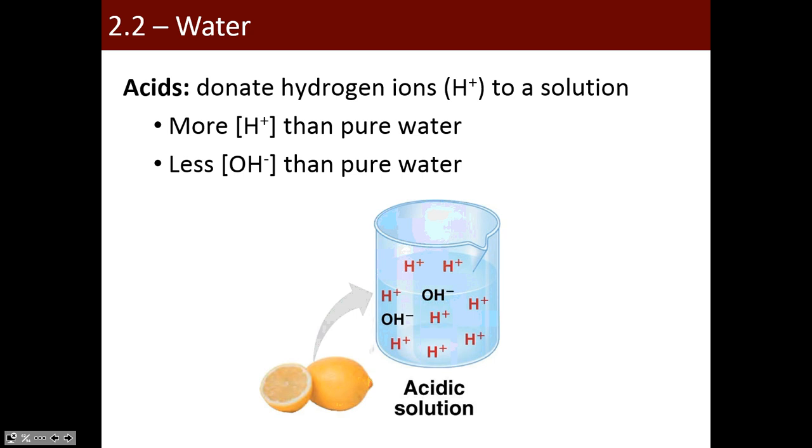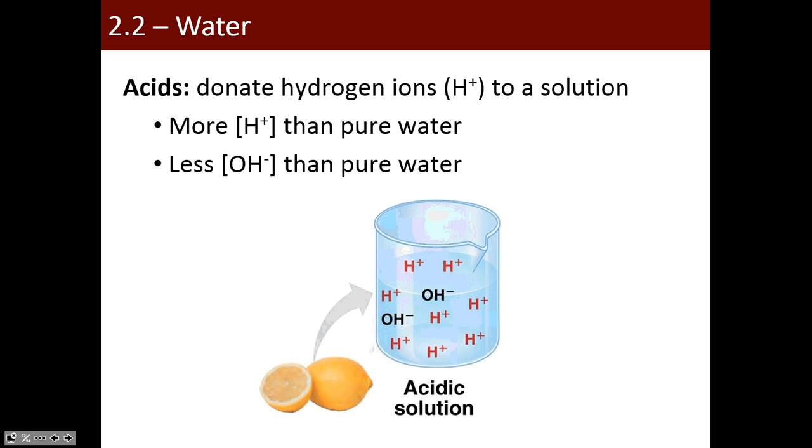anything that we call an acid, I'm sure you've all heard this term before, is something that adds hydrogen ions to a solution. So if I cut open a lemon and squeeze some lemon juice into my beaker full of water, the total quantity of hydrogen ions in that water is going to go up, because the lemon juice is going to donate hydrogen ions to the solution.